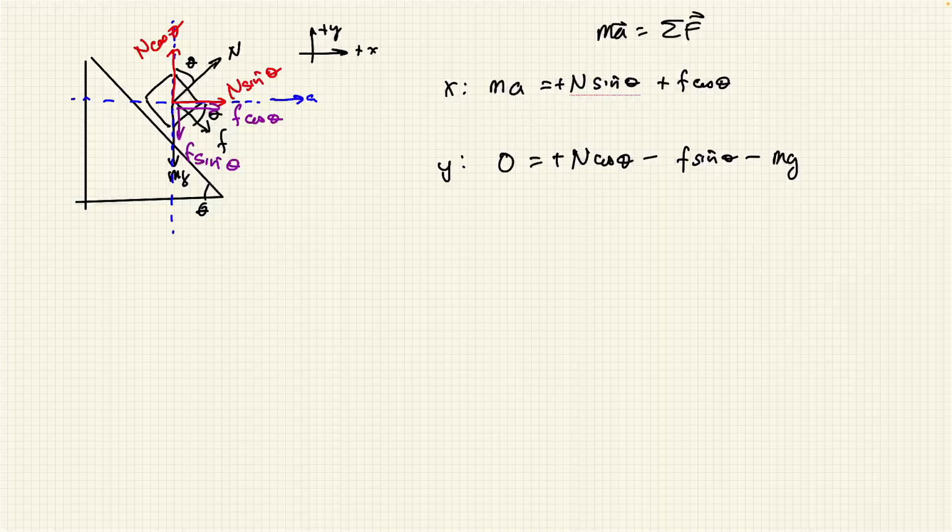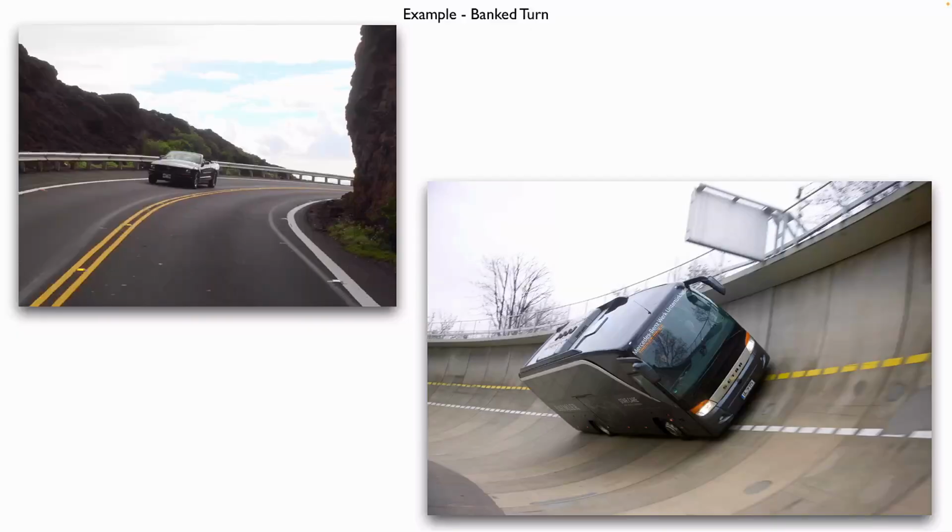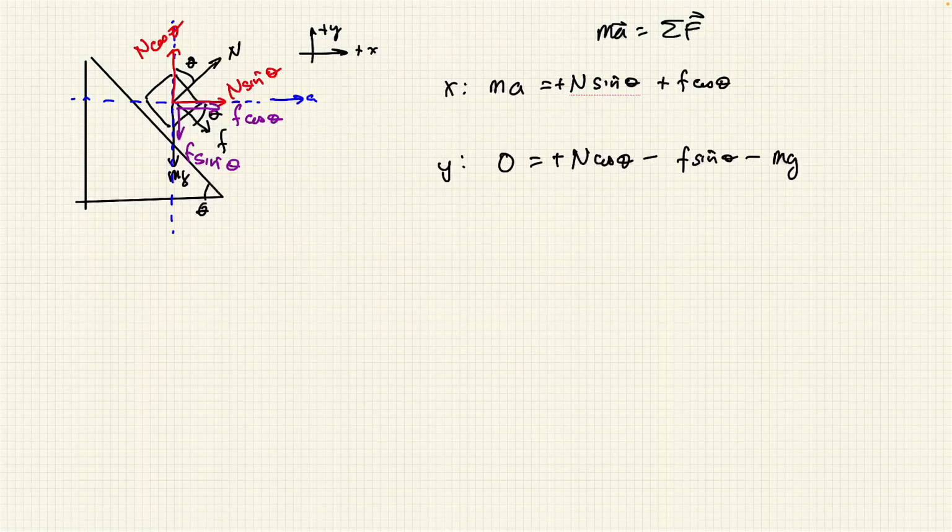Speed, right? The speed at which this bus or this car can safely round this corner. I don't see any speed in here. Did I do something wrong, or do you have the answer? Well, I have the answer. Where's the speed? It's hidden in the mass times acceleration. You can turn it into v squared over r. This is a circle, isn't it? This thing's not sliding down the slope.